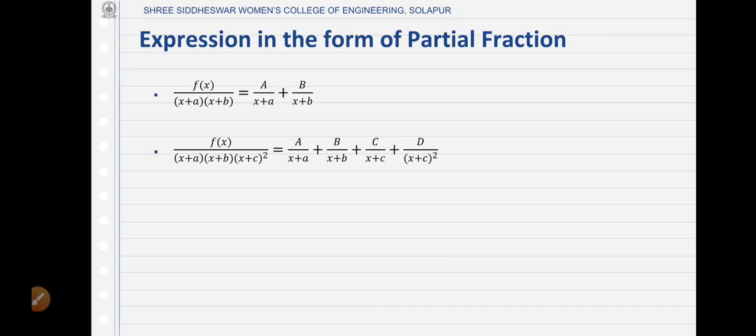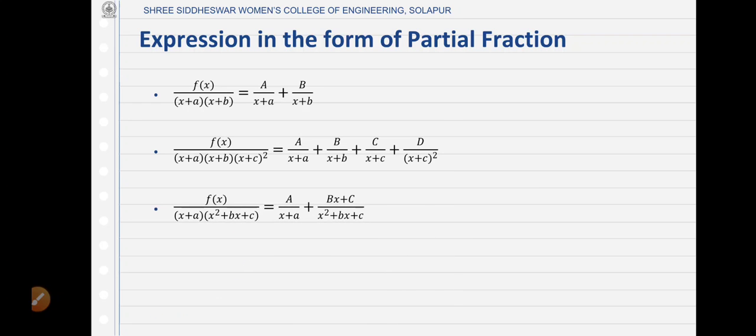So we have to write third constant C upon the third linear factor only once, plus fourth constant D upon the third linear factor two times. If it is (x plus c) whole cube, then we have to add one more term, capital E upon (x plus c) whole cube. So remember this extra term.